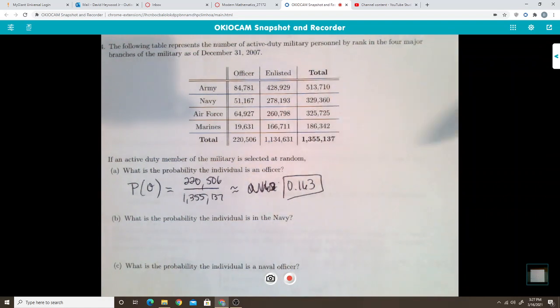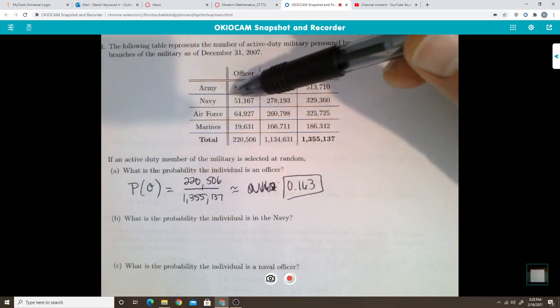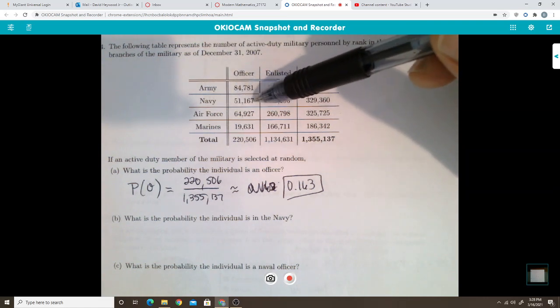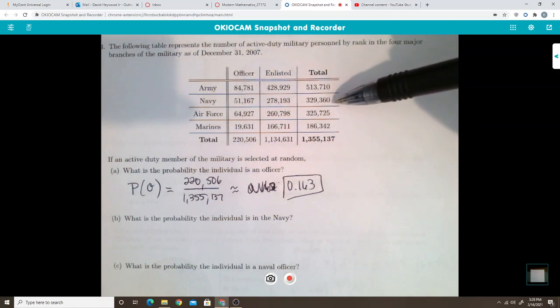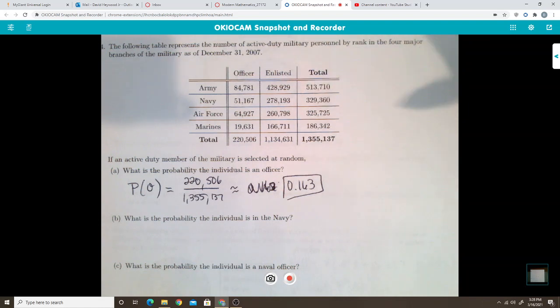Okay. What's the probability the individual is in the Navy? Well, in the Navy. Now be careful. You're not going to say 51,167 because those are just the naval officers, right? But we want the total number of people in the Navy, which is this number here, 329,360.